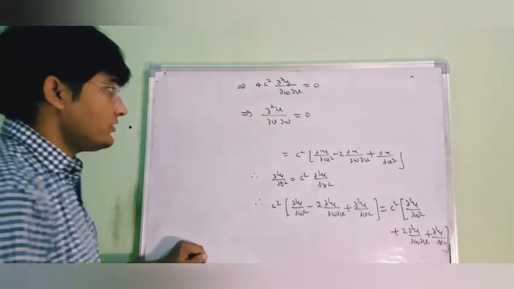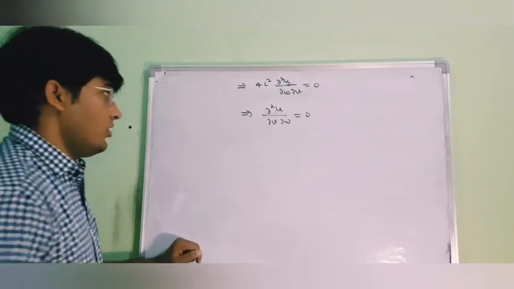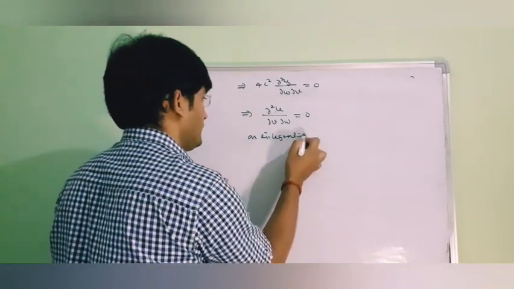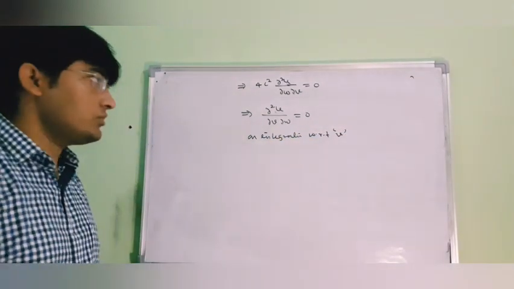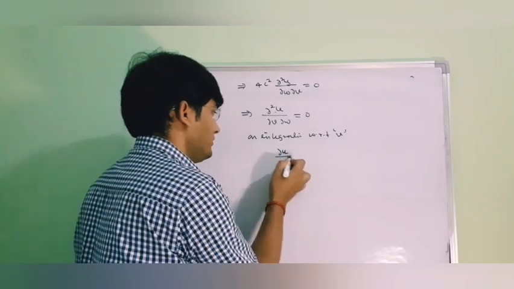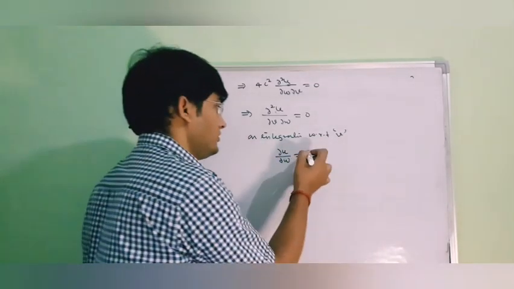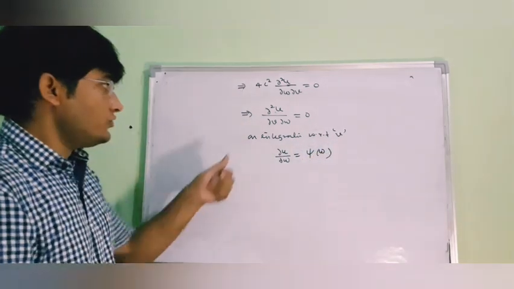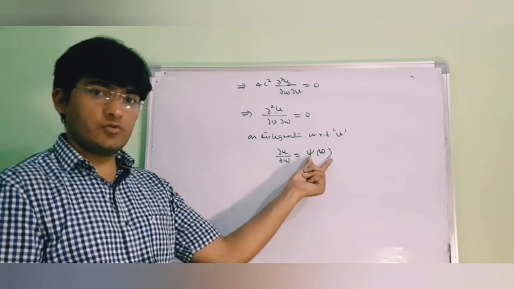Now let us integrate this term with respect to v. As we are integrating partially with respect to v, this will be ∂u/∂w equal to some function of w, because we are integrating with respect to v.